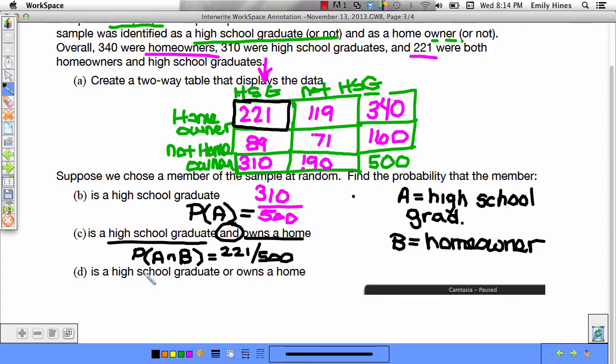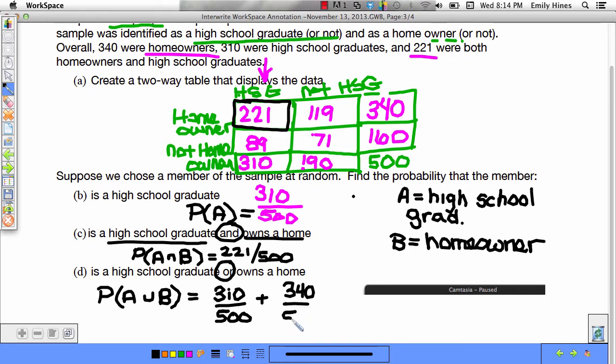Okay, finally, this one is a high school graduate or owns a home. That one is a much bigger number, because remember, or means it can be one, the other, or both. So the probability of A or B is equal to the probability of A, which means they're a high school graduate. So that would be 310 over 500 plus the probability of B, which is that they're a homeowner, so that's 340 out of 500.